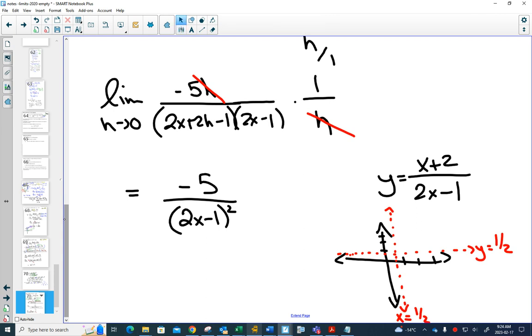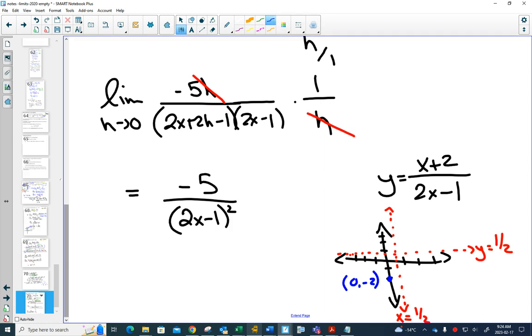In grade 12 pre-calculus, I would have said, can you find the x-intercepts and the y-intercepts? Yes. Y-intercept is really easy because you plug in 0 for x, and you will get 2 over -1. So your y-intercept will be 0, -2.